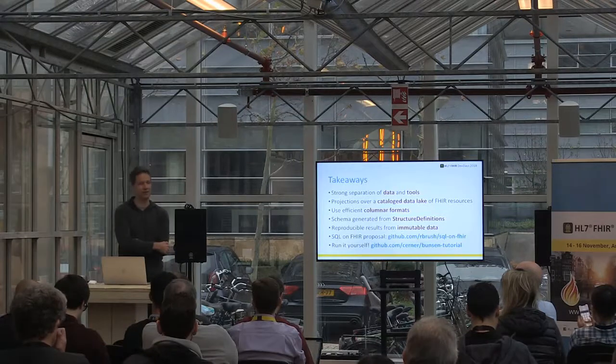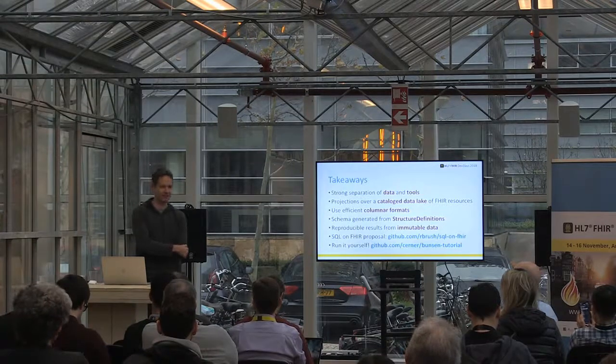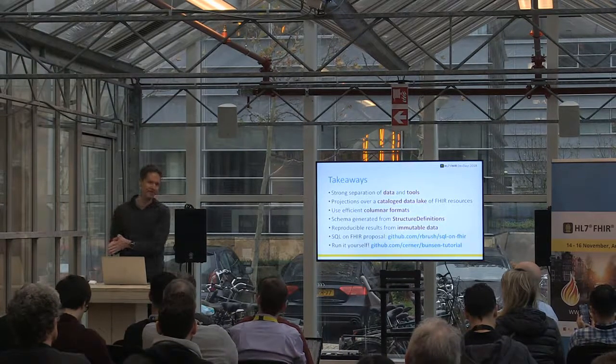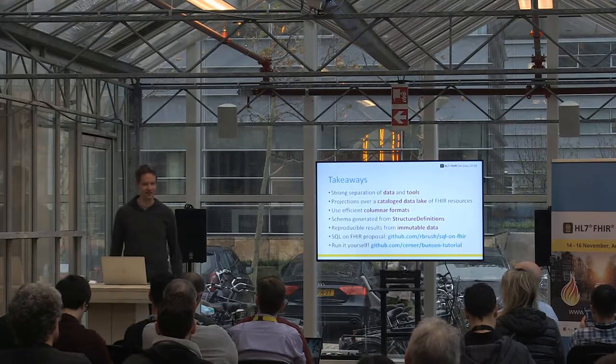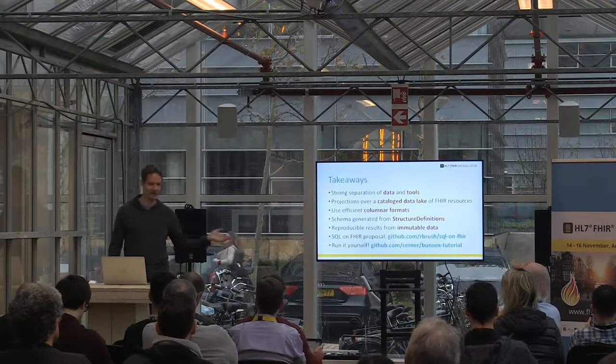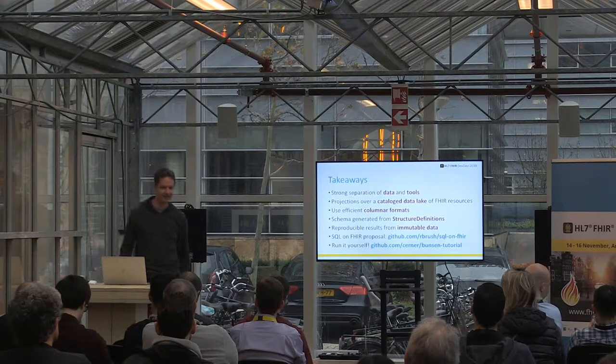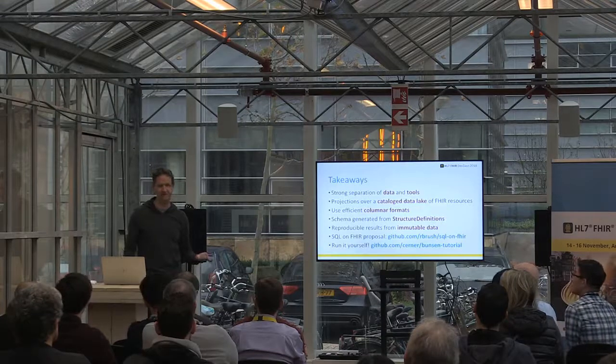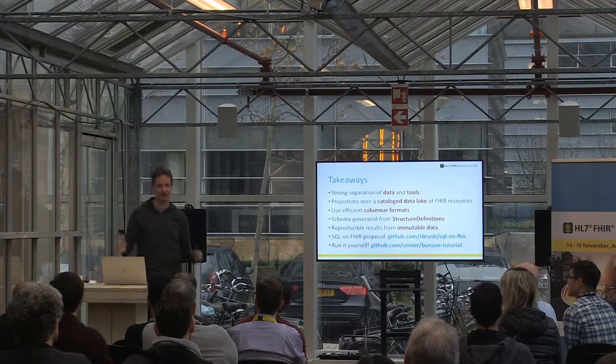In these cases, we don't actually even need to persist the JSON resources, because we have our internal data model. We can convert it into the FHIR data model, and then we save it as Parquet. We could save it as JSON resources, but we don't really need to, because we can always reproduce it from the source. Internally, and you can see this in the source code of the library, we use the HAPI FHIR API for that transformation.